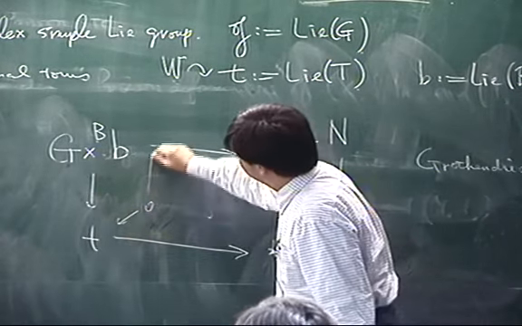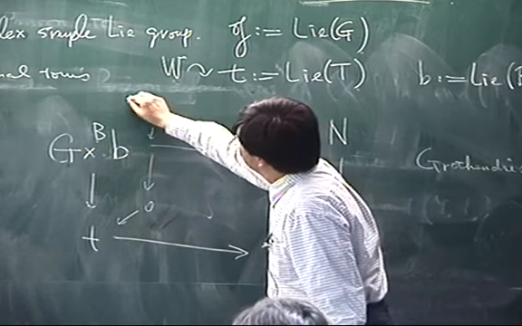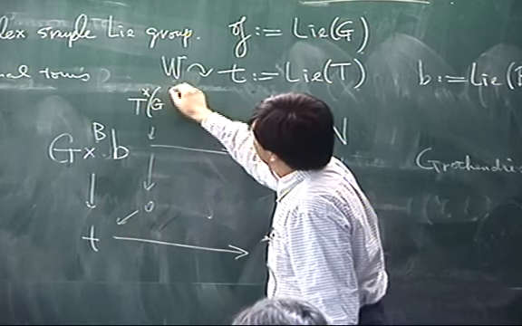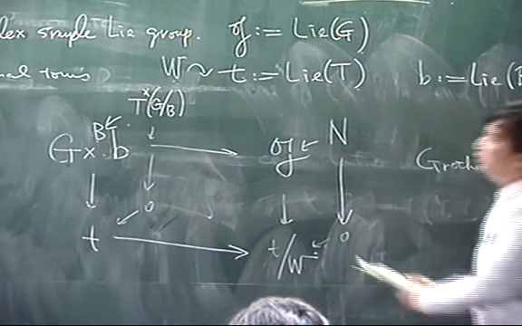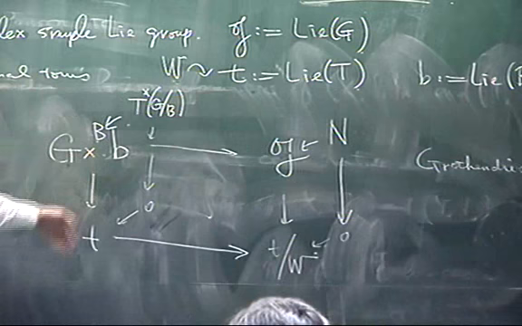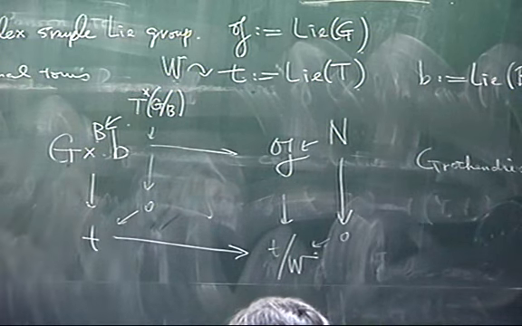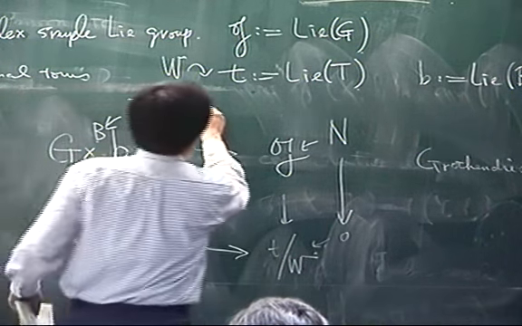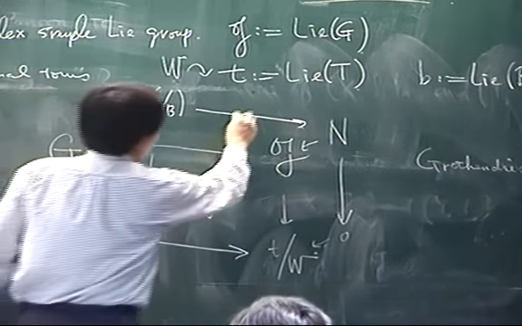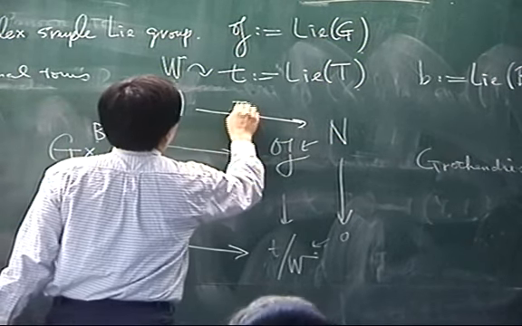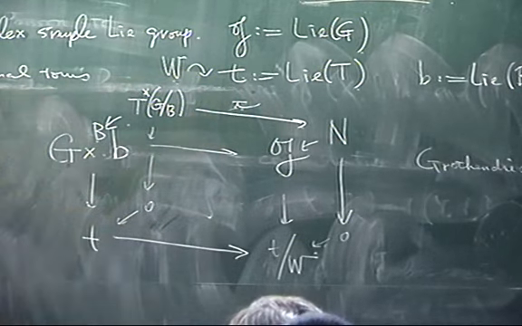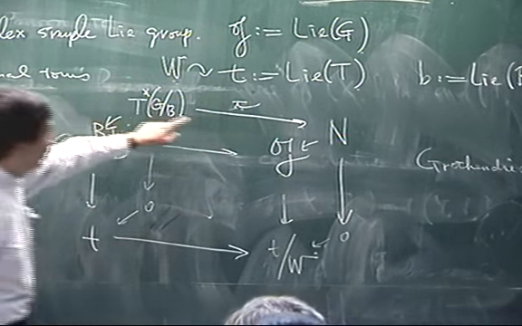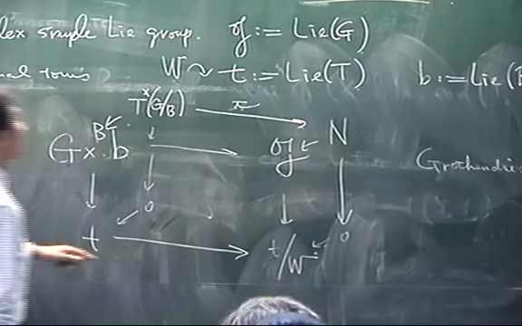The central fiber is just the cotangent bundle of G mod B. And this also becomes a Poisson deformation of the cotangent bundle. And here you have a Springer map, say pi. This is the usual Springer map. And the cotangent bundle resolves the nilpotent cone.